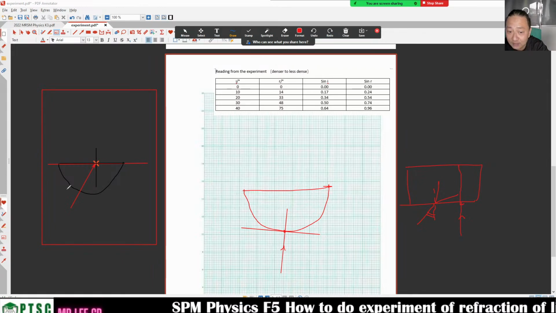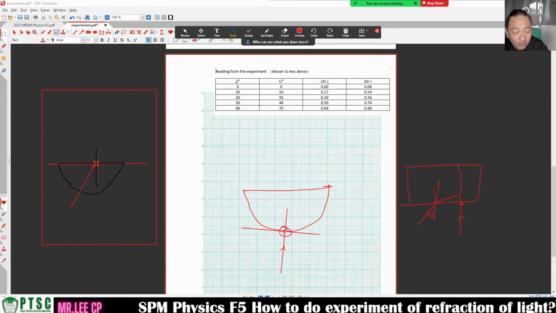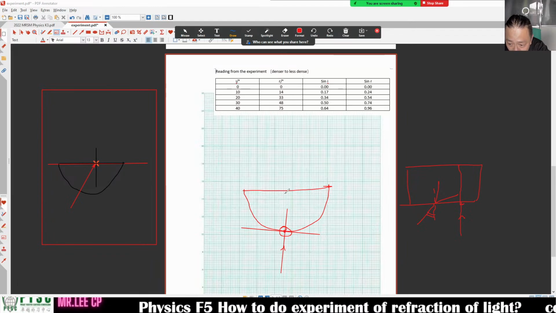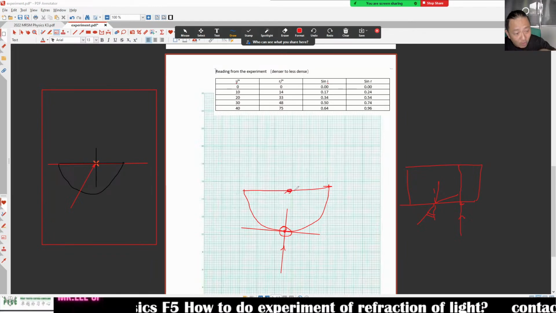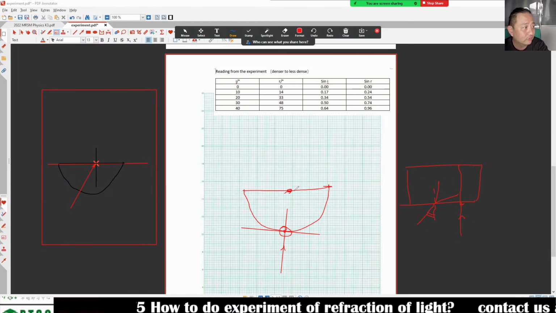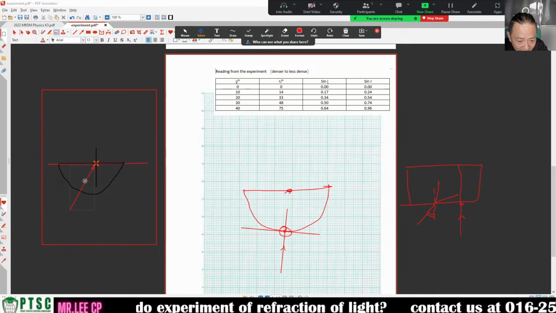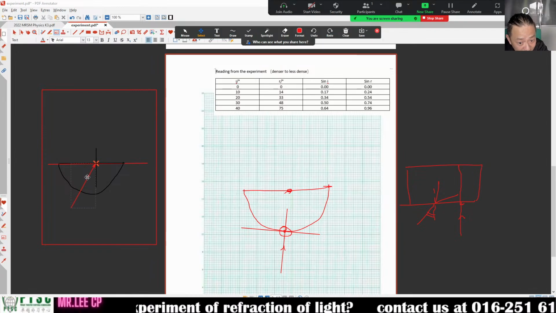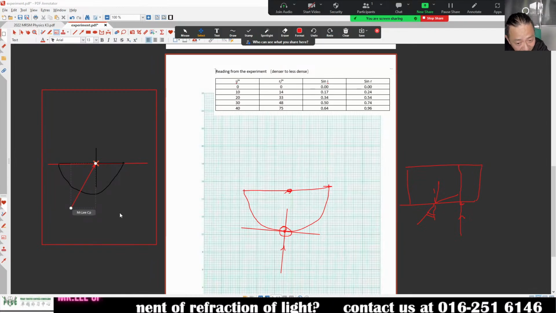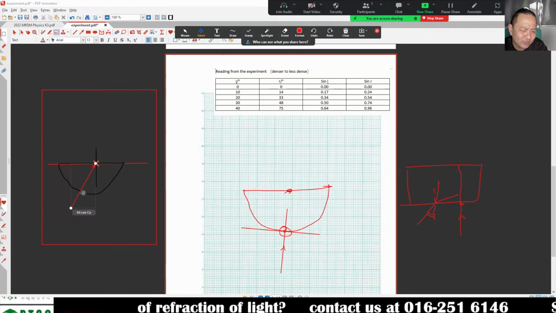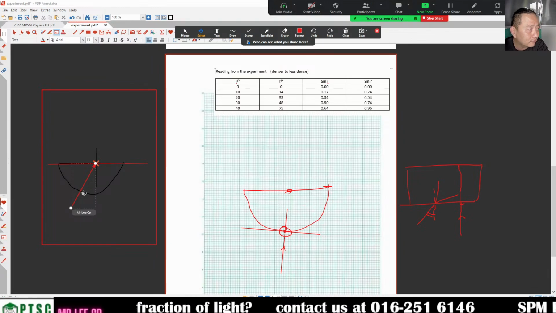Alright? But this part is not the one that you should be concerned about. It is the point here that you need to be concerned about. So, now, the light entering here, then it goes out already. It enters from less dense to denser, I know, but at 0 degrees, it will not bend anywhere.